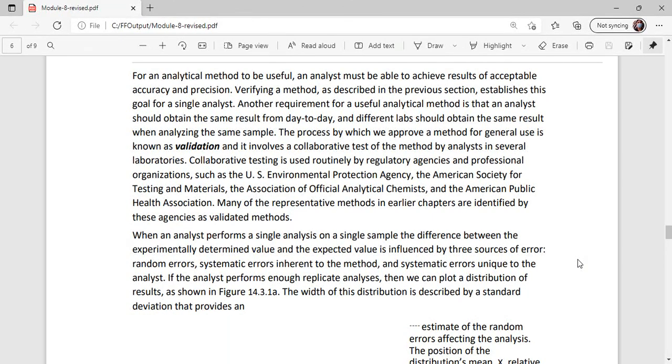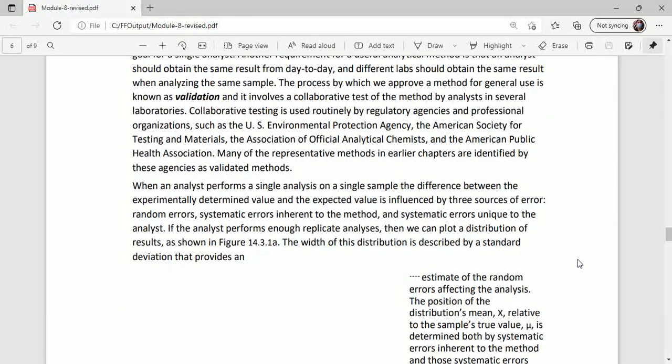When an analyst performs a single analysis on a single sample, the difference between the experimentally determined value and the expected value is influenced by three sources of error: random error, systematic errors inherent to the method, and systematic errors unique to the analyst. If the analyst performs enough replicate analyses, then we can plot a distribution of the results.